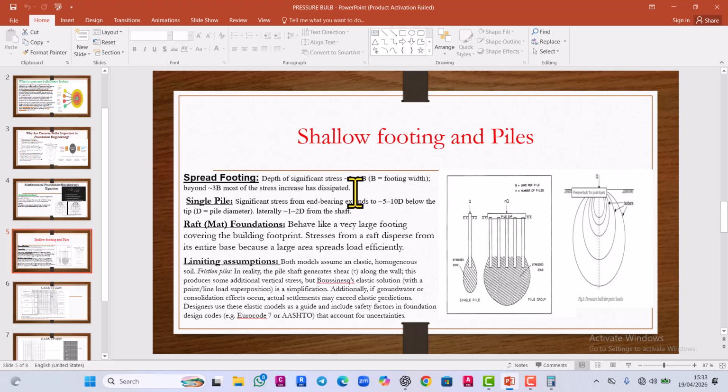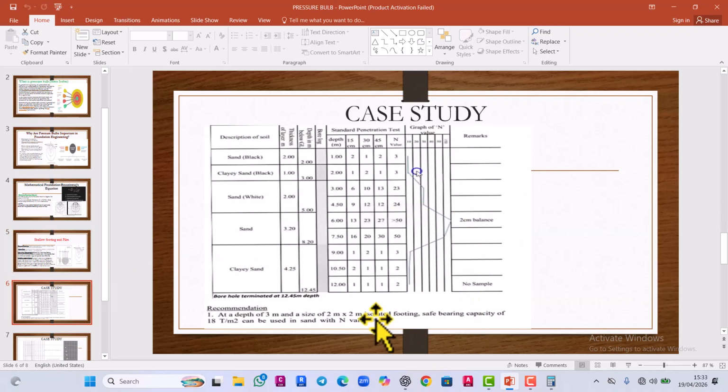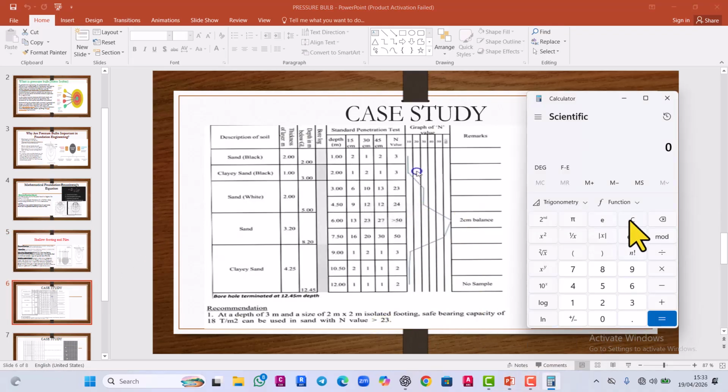So for a footing, we are told the zone of influence, that is the soil that will feel this impact, is going to be within 3B. So when we come back here, we have 2 by 3, because the footing width is 2 meters according to the recommendation.